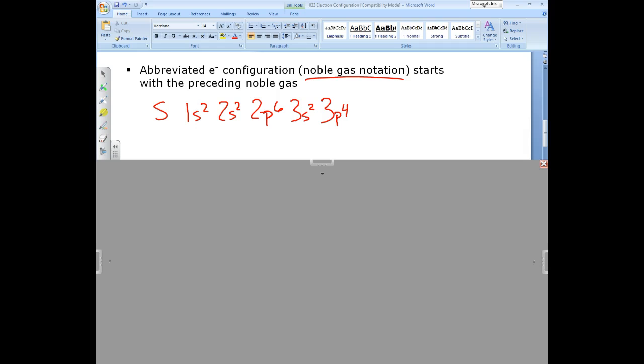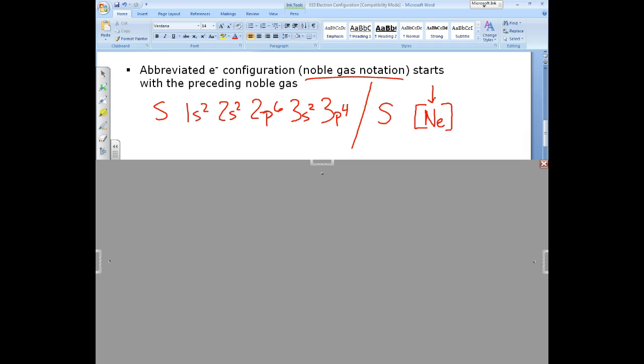What that looks like abbreviated, in noble gas notation, is that we write sulfur, and we start with square brackets, and we put the preceding noble gas in square brackets. It has to be square brackets, it cannot be parentheses, and the element that you put in here has to be a noble gas, something from group 18 on the periodic table.